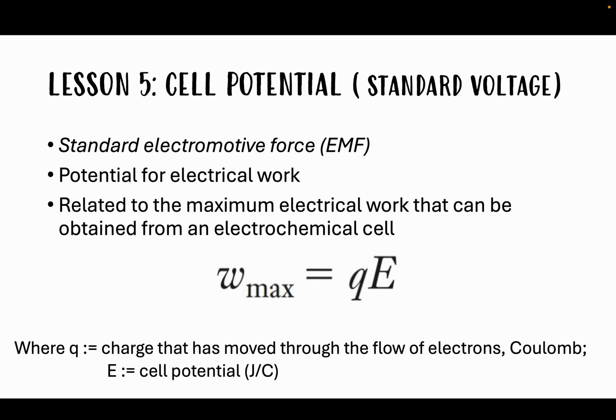So we are measuring voltage, and we have this term called cell potential, which refers to the standard voltage that we can obtain from your electrochemical cell. It is also known as the standard electromotive force, and it is defined as the potential for electrical work.